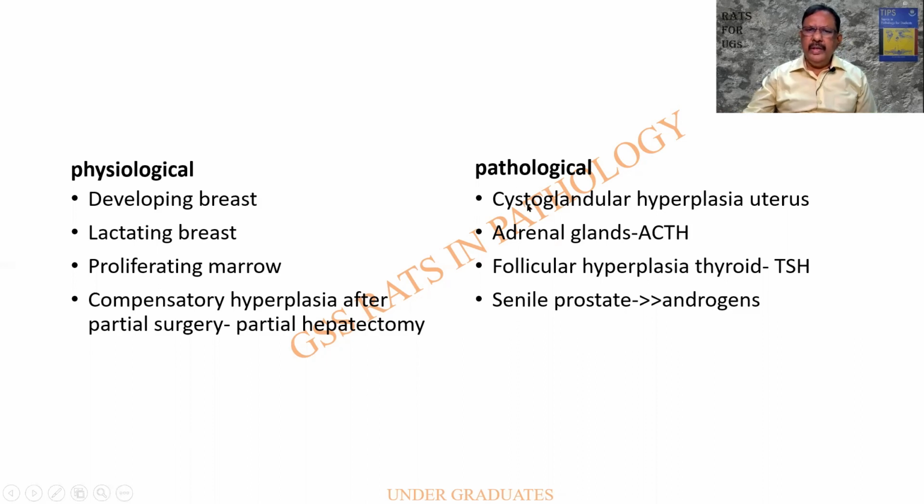Pathological, on the contrary, it can be cystoglandular hyperplasia, hyperplasia of the adrenal glands whenever there is an increased stimulation by adrenocorticotrophic hormones. Follicular hyperplasia of the thyroid by thyroid stimulating hormone. And strangely, a senile prostate will be undergoing a hyperplasia and a hypertrophy. These are things that you people should remember.